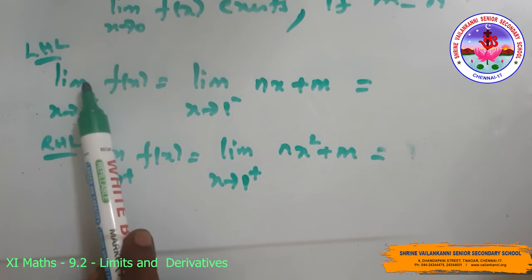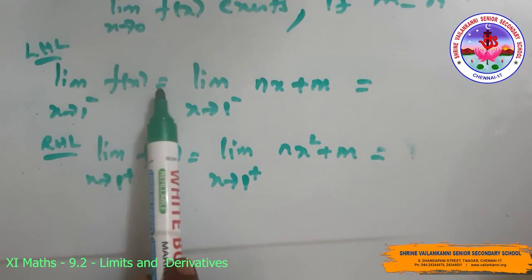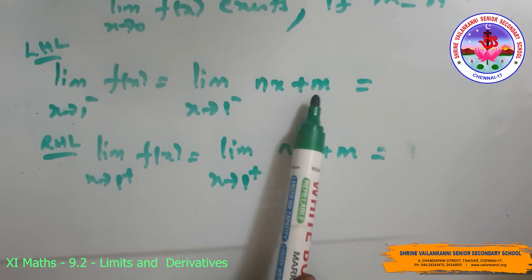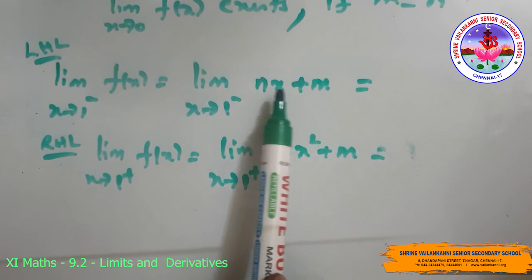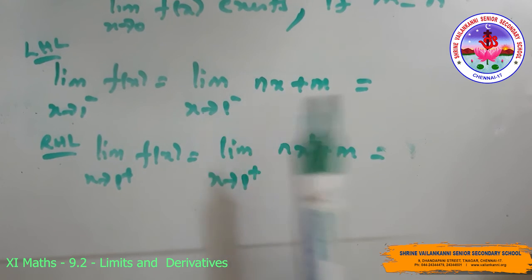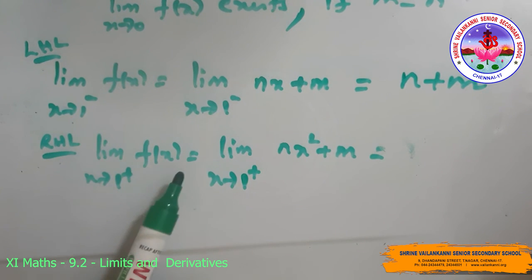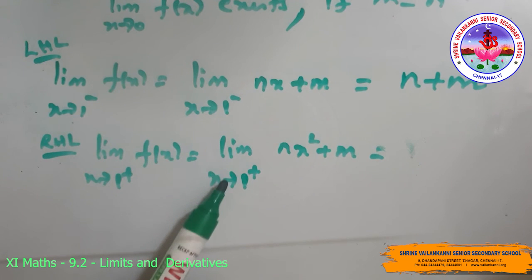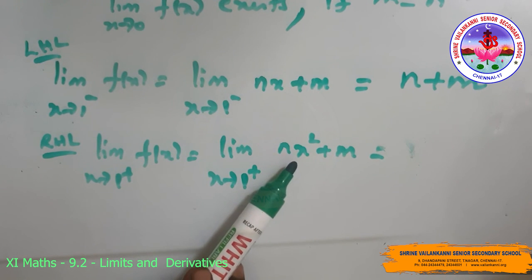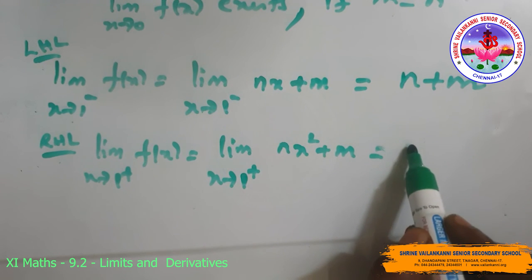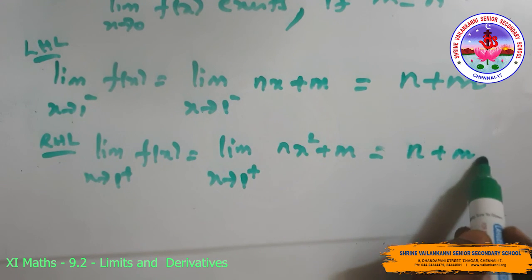Left hand limit x tends to 1 minus f of x which is equal to limit x tends to 1 minus nx plus m. To the left of 1 we have nx plus m. Put x equal to 1, we have n plus m. So right hand limit of f of x which is equal to limit x tends to 1 plus, the function is nx square plus m. Put x equal to 1, we have n plus m.